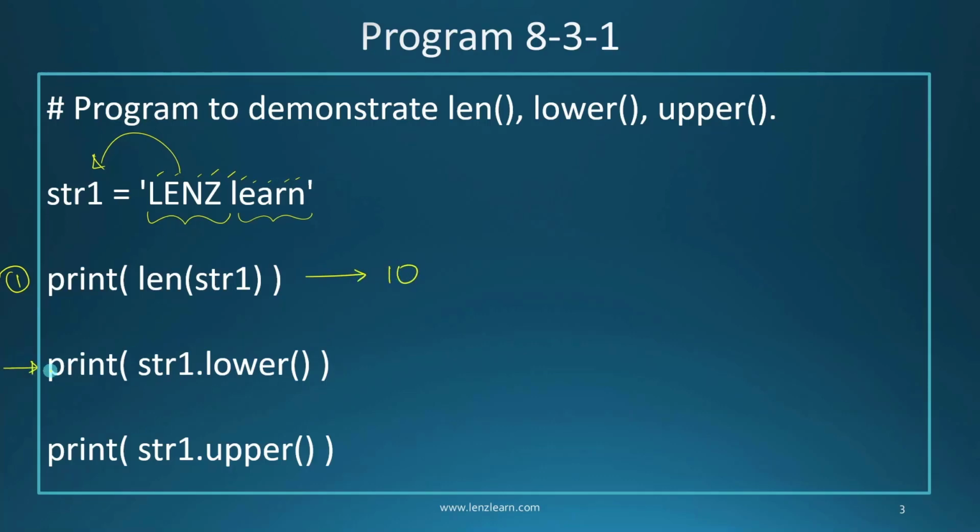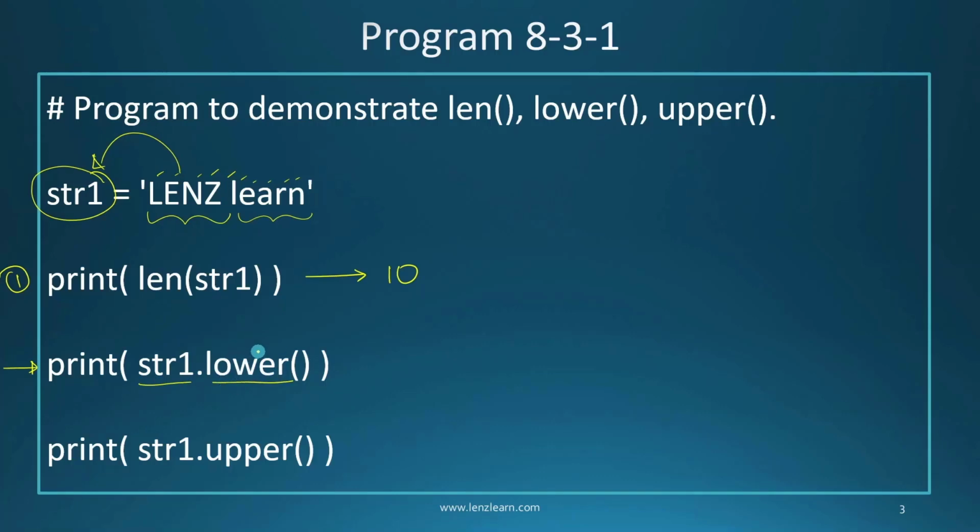Now the next print statement. When you are working with some of the built-in functions, you have to use them with variable name dot function name. You can see str1 is the variable which stores the string. Now str1 dot lower.